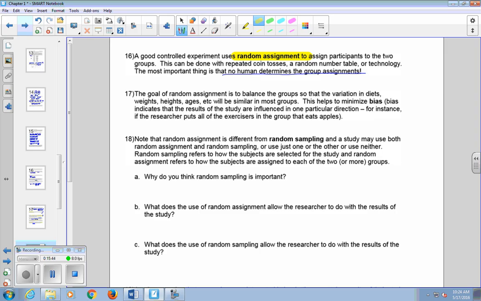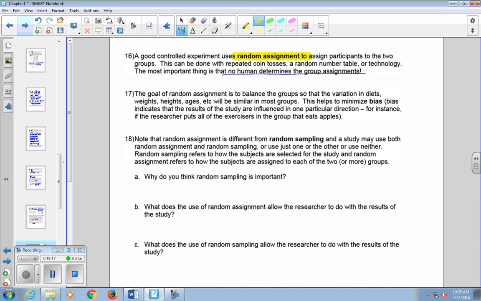The goal of random assignment is to balance the groups so the variation in diets, weights, heights, ages, etc., and all the stuff we don't know, any background variables, is even between those two groups. And this helps minimize bias. And bias indicates that the results of the study are influenced in one direction. Random assignment is what we need to make a proper experiment.